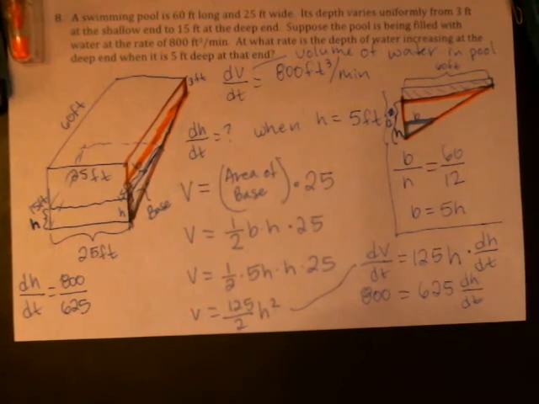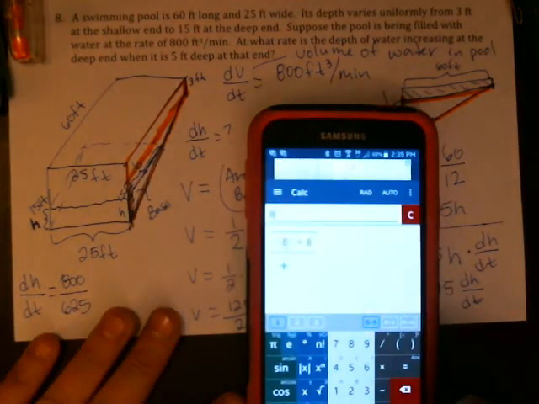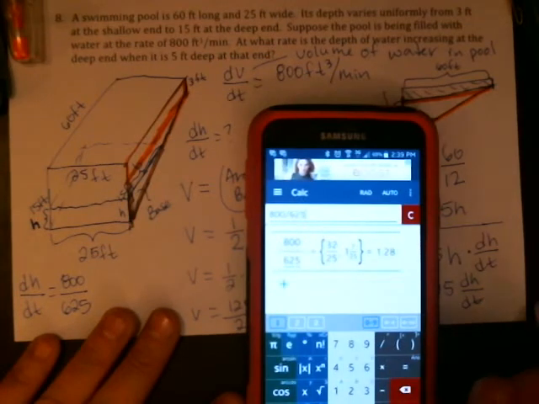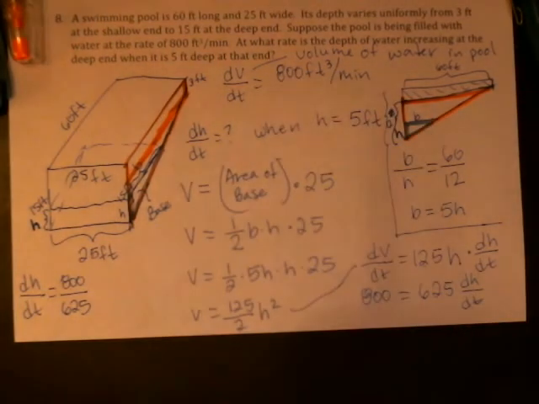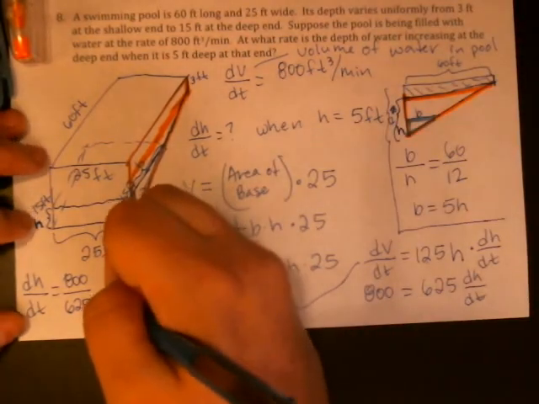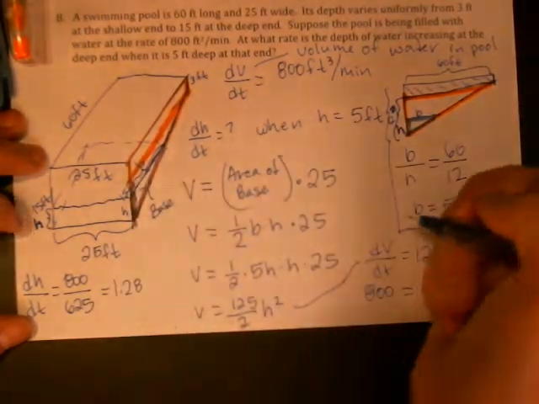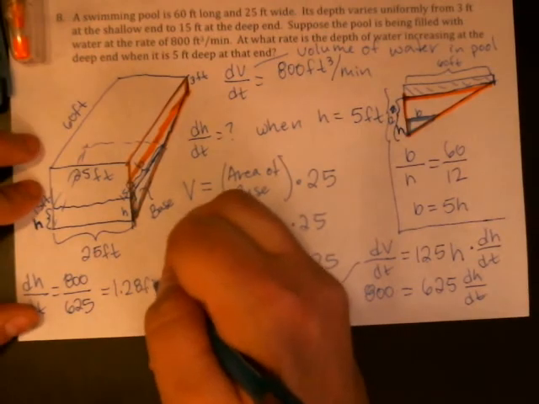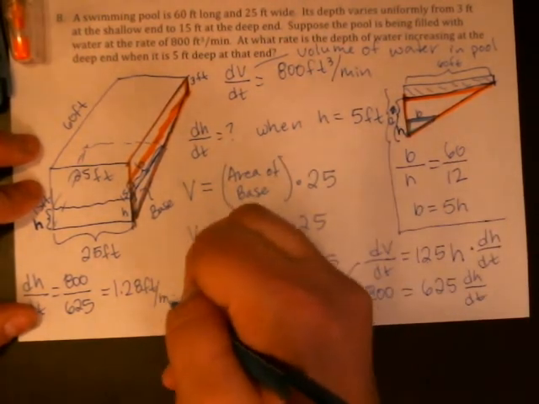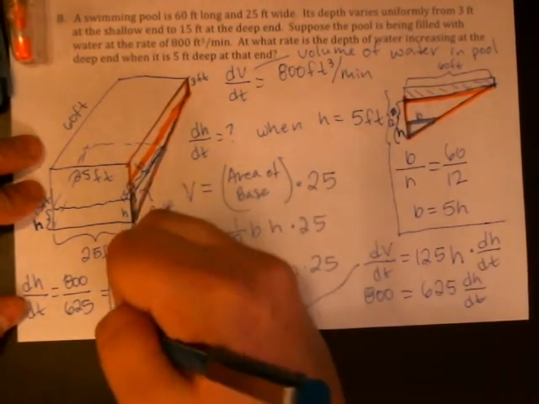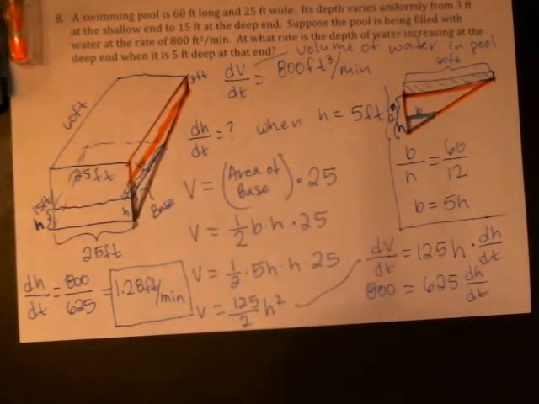I could cancel some 25s, but I'm going to ask my calculator because I don't want to think that hard. 800 over 625, 1.28, and this was how fast the depth is changing, so this should be feet per minute. So that's my answer. And it's good that it's positive. The volume was increasing, the amount of water in the pool is increasing, so its depth should be as well.